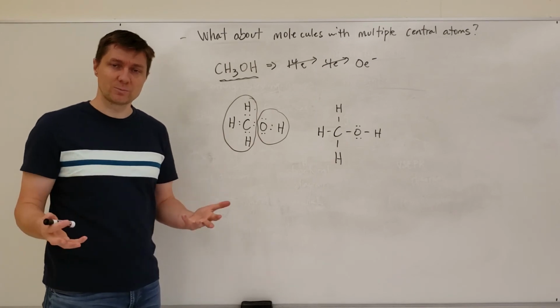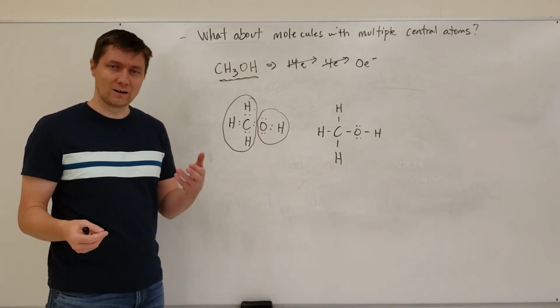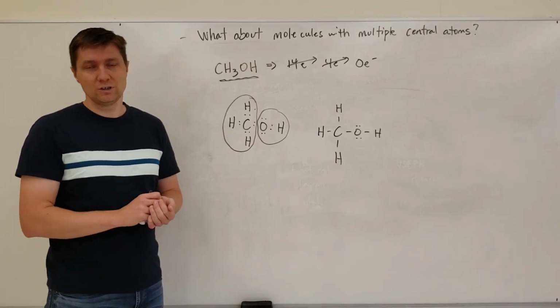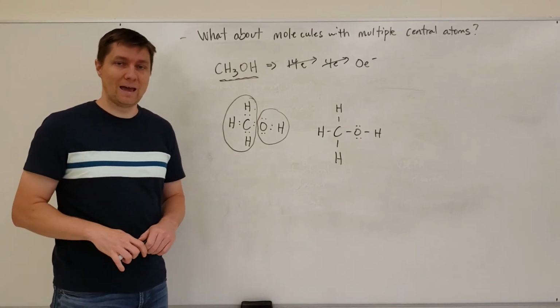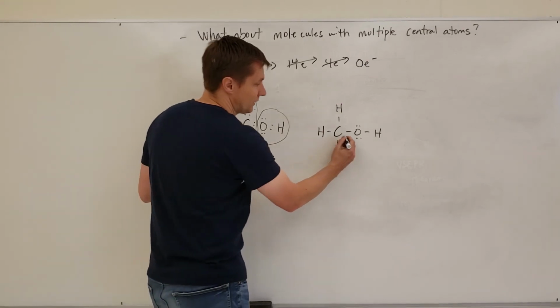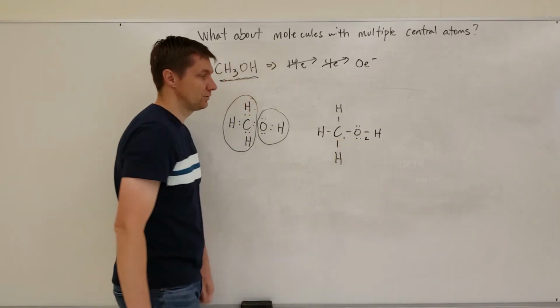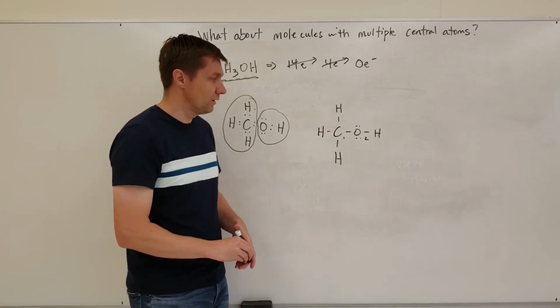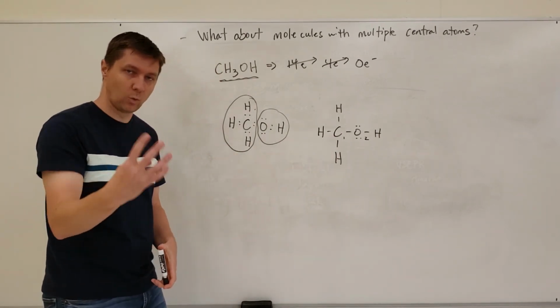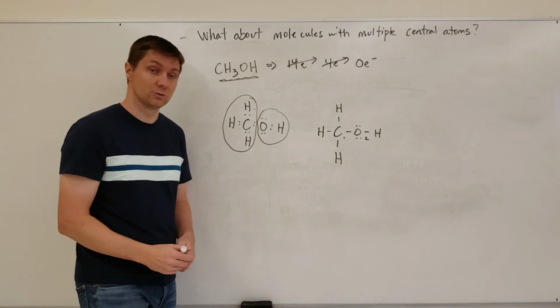Now I can draw my VSEPR diagram. Well, how do I draw the VSEPR diagram with 2 central atoms? What you need to identify is just what shape each central atom has. So if I identify this as my first central atom and that one as my second, then this central atom here has 0 lone pairs and 4 bonding groups. That means it's a tetrahedral.